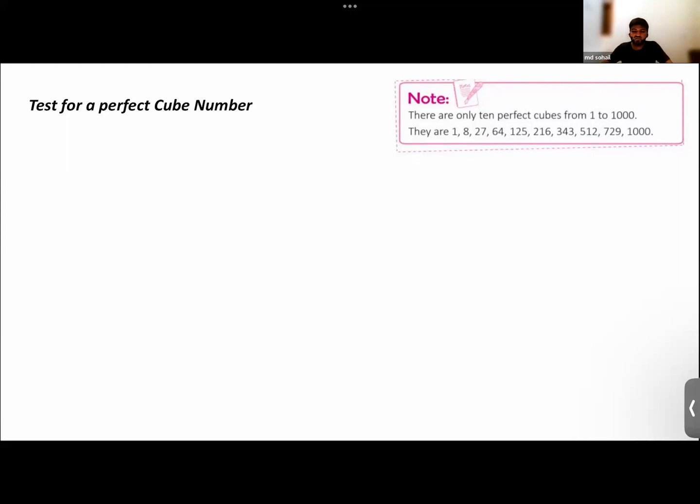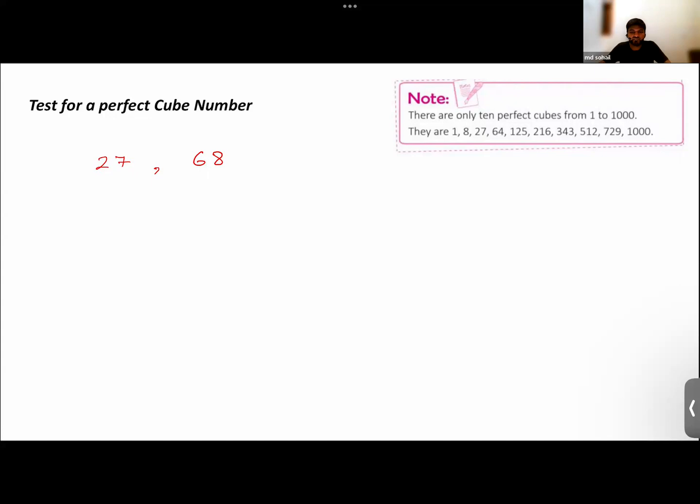So suppose I give you two numbers here: 27 and, let's say, 68. How would you tell which one is a perfect cube? Just recall the process of prime factorization of square numbers.